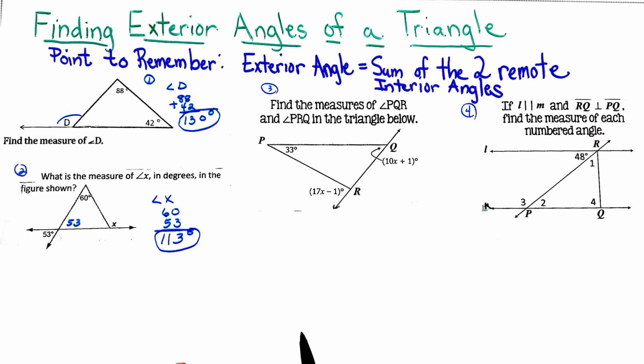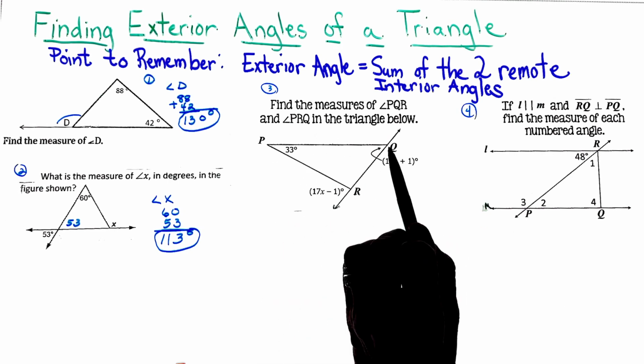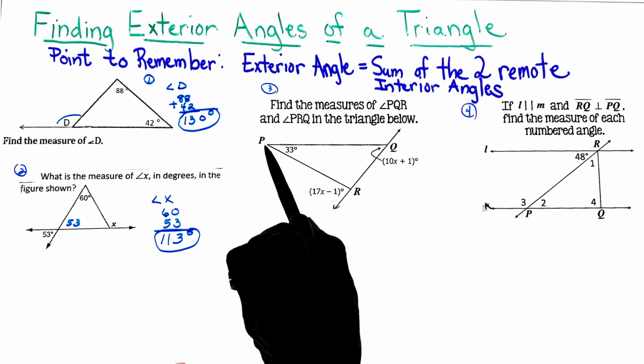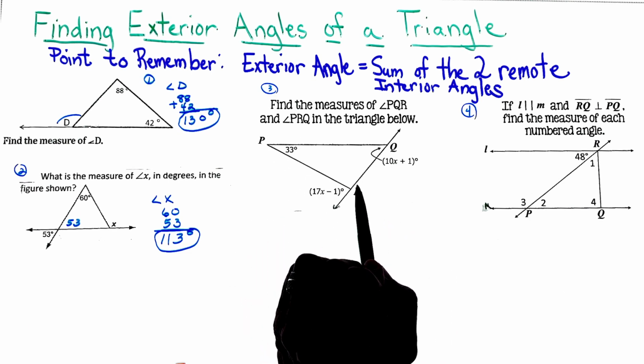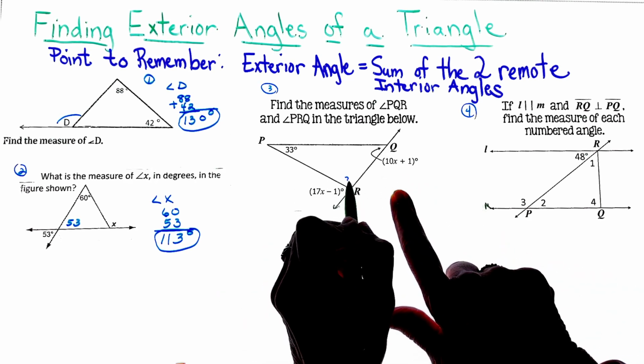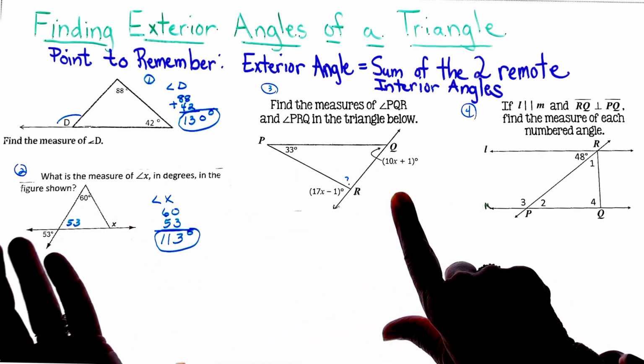All right, getting a little bit more complicated, but you got this. So we're going to find the measure of angle PQR and the measure of angle PRQ, which when we talk about angle PRQ, we're going to find this angle measurement, and that's our final answer.